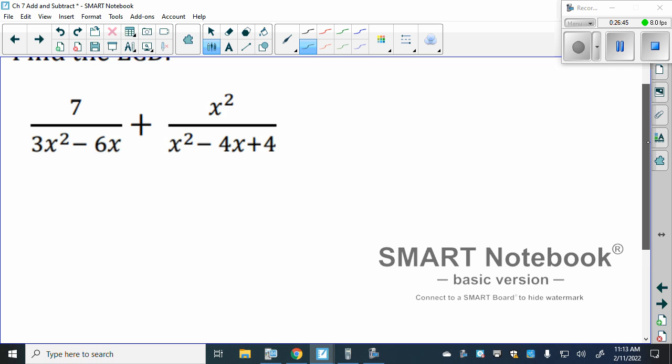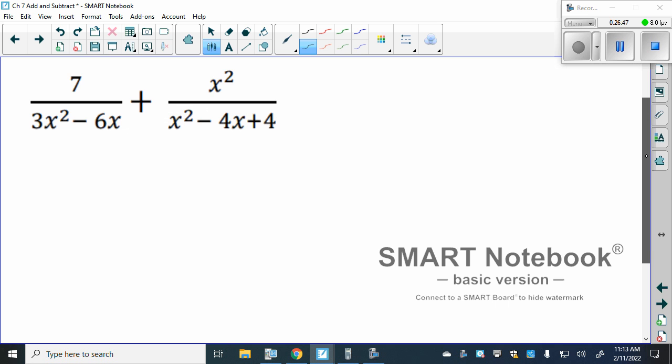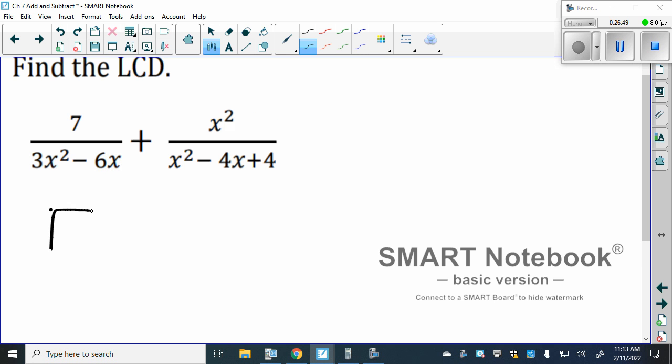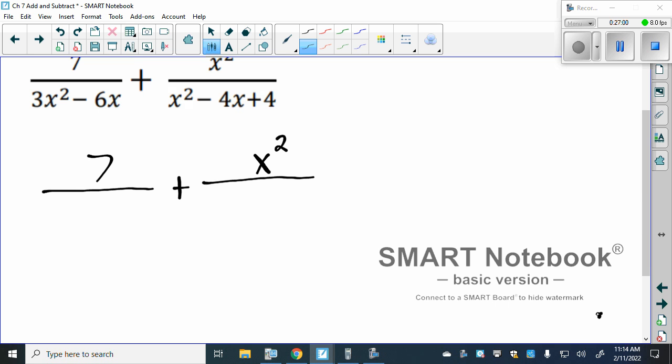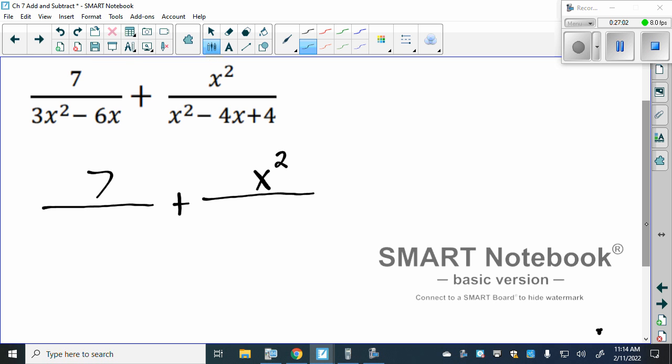We'd be having more factors than what we need. So before we do any of that, the first thing that'll be helpful to do is to factor both denominators, because once we factor both of the denominators, we'll be able to see what we actually need.